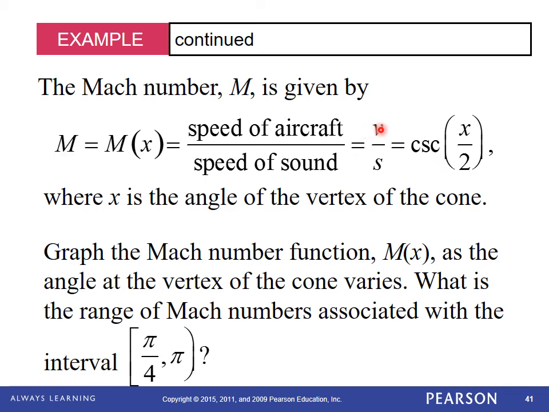So if you can't really see how fast the airplane is going, or you can't see the length from the cone back to the airplane, that's kind of hard to see. But sometimes you can figure out the angle. It's really easy to see the angle in these. All right.